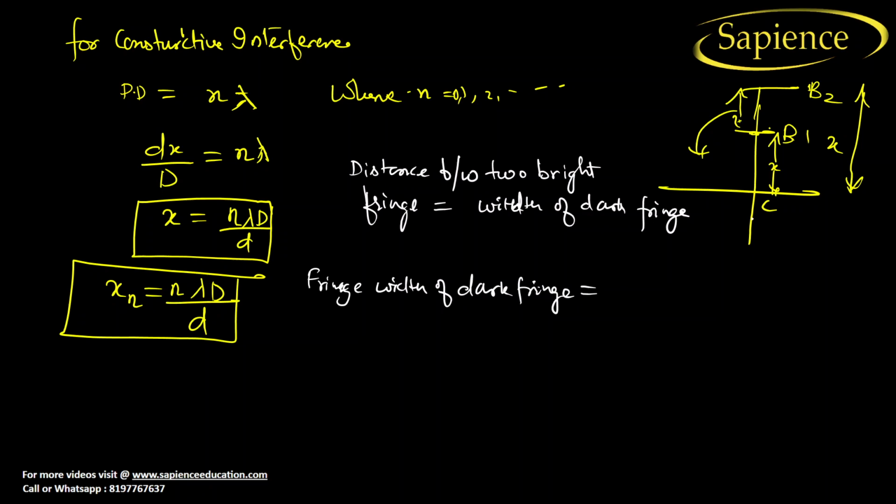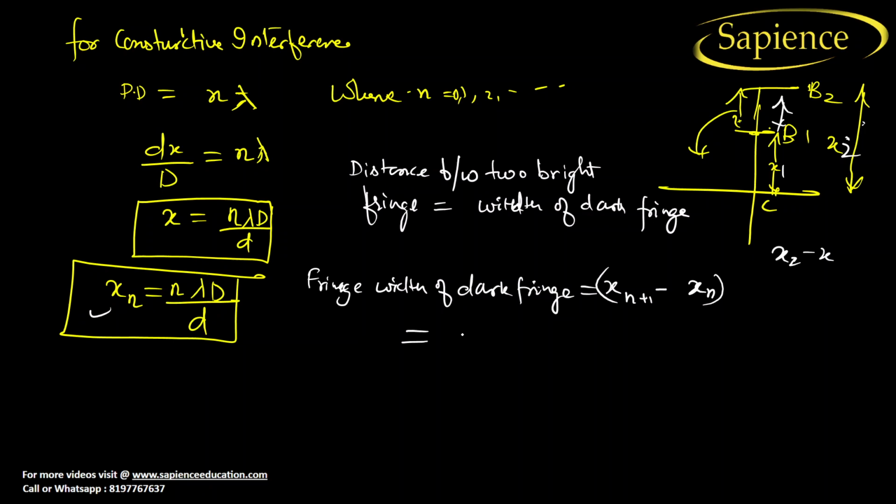So the fringe width of the dark fringe is, if this is your x2 and this is your x1, x2 minus x1. From here we can infer that x(n+1) minus xn is the fringe width.